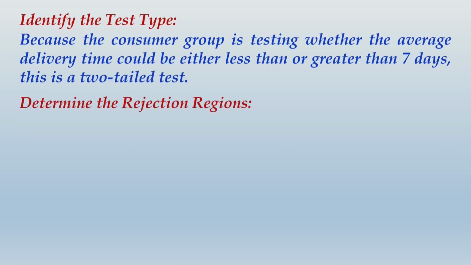Determine the rejection regions. For this purpose, we definitely need to know the significance level, which is denoted by alpha. Now, this is something that you have yet to learn in detail, and I am going to explain it to you from a base level through this example.